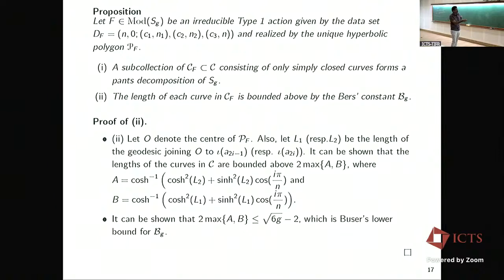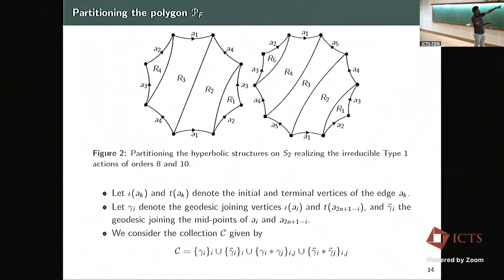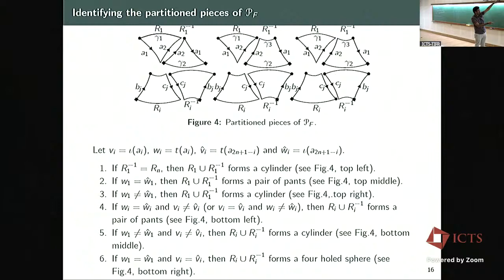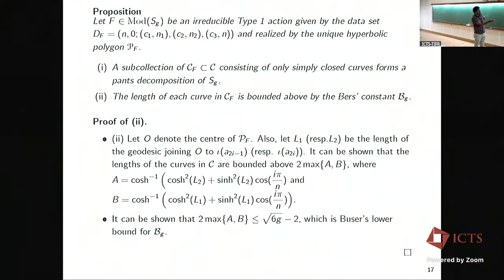For this part, if you take the center of the polygon, and let L1 and L2 be the lengths of the geodesics joining 0 to the initial point of A_{2i-1} on this polygon, the center to A_{2i-1}, and similarly the geodesic joining the center to A_{2i}, it can be shown that the length of the curve C is bounded above by 2 times the maximum of A and B, where A and B are these simple hyperbolic quantities. I know the polygon completely, so I can compute this explicitly.